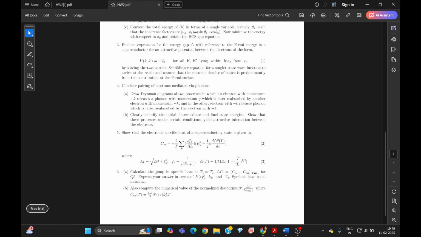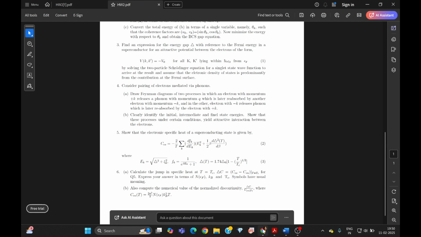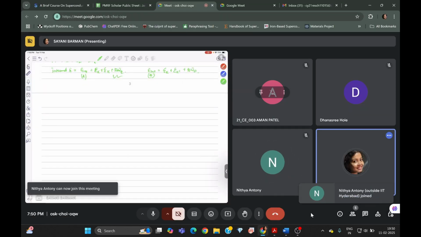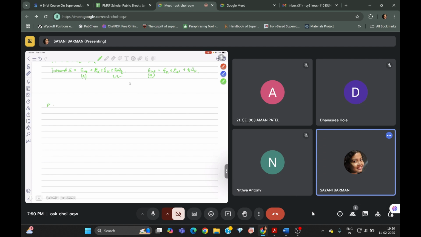So this we can write as, since all of this is already phonon mediated, so no problem.